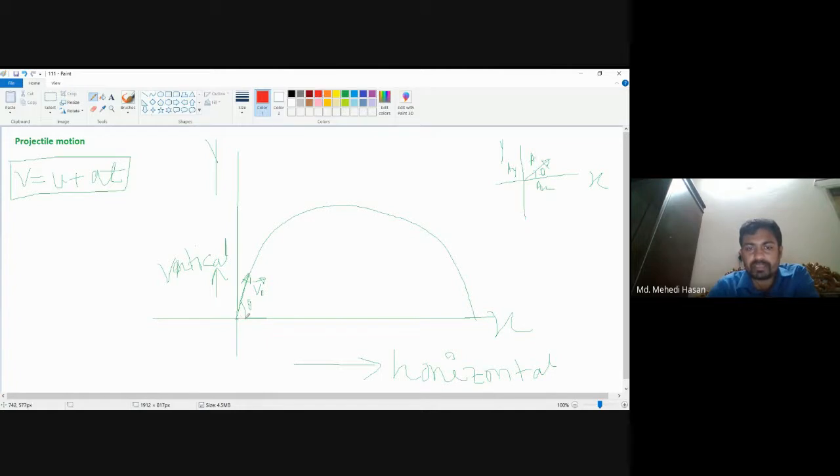Along the x-axis this is v naught x, and along the y-axis this is v naught y.